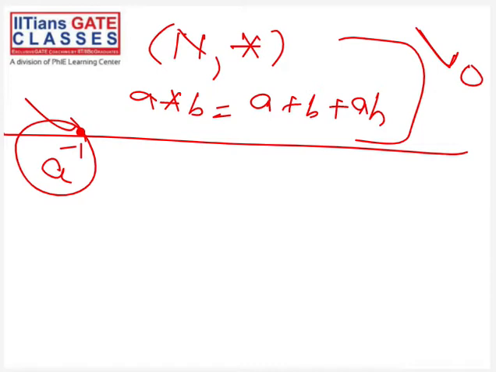Let's assume there is some element for which inverse does not exist, and for all other elements inverse exists, then you can directly say that no inverse exists. Because if you are saying that inverse exists, then it should exist for all the elements. If it is not existing for at least one element, then you can say inverse not existing.